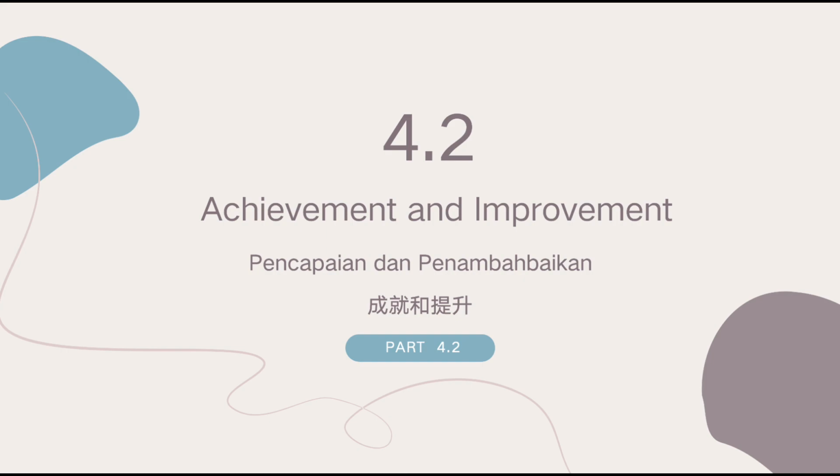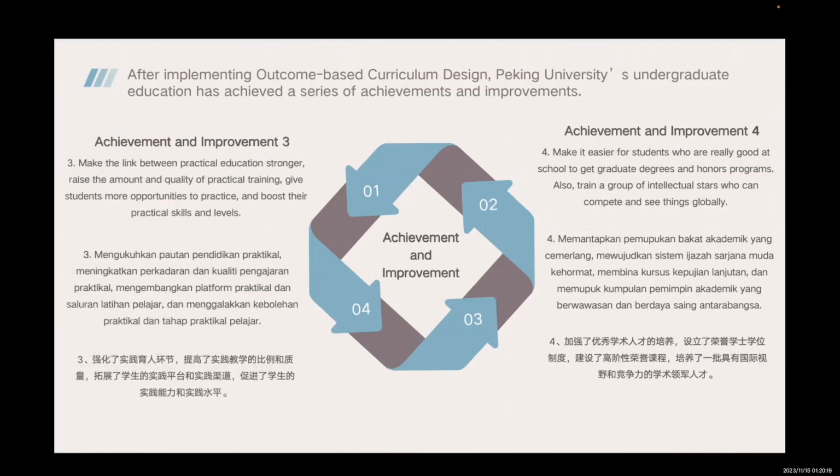And then number three, make the link to practical education stronger. Raise the amount and quality of practical training, give students more opportunities to practice and boost their practical skills and levels. And number four, make it easier for students who are really good at school to get great degrees and honors programs.